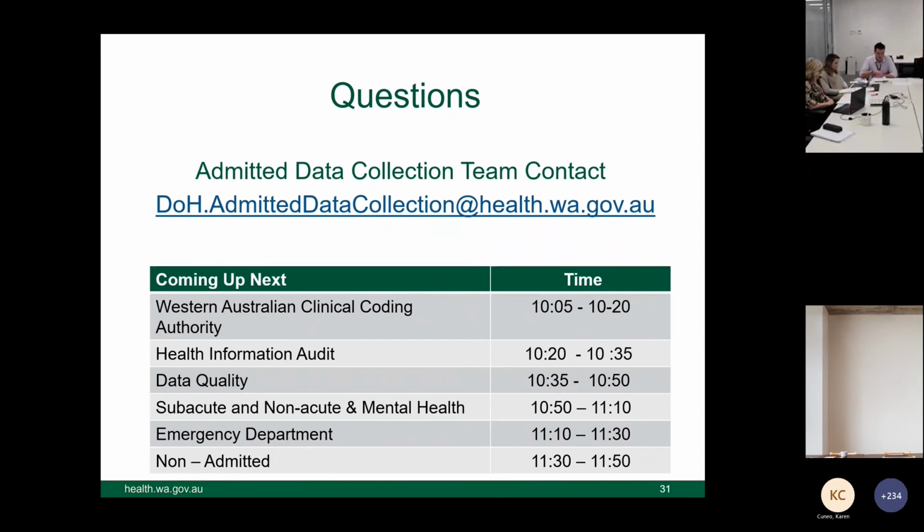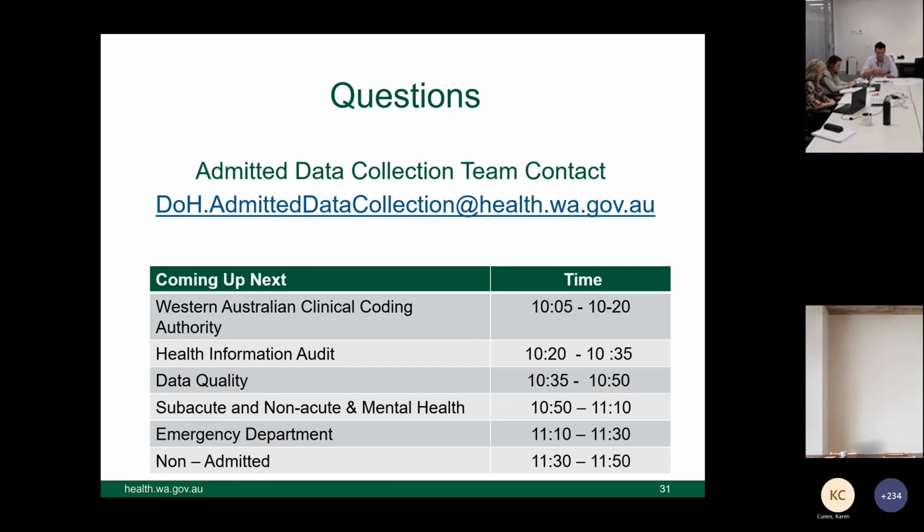Yeah, so there is a bit of a time lag between when data is first entered into patient administration systems to when it can be extracted from HMDC. The data specifications document goes into this in more detail, but data can take up to 3 months before it is available for extraction. At DOH, we require establishments to provide data for the previous month by the end of the month.